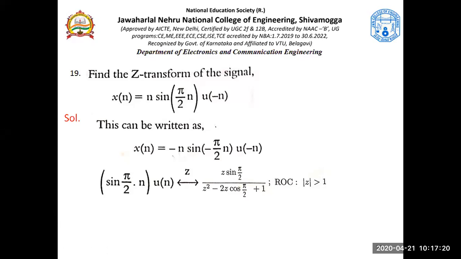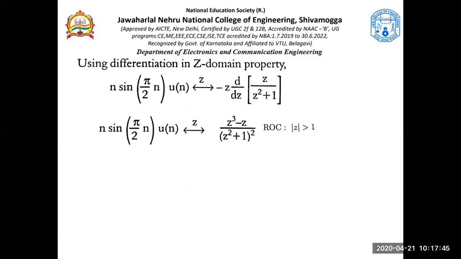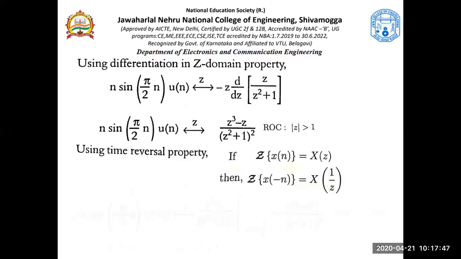And we have u of n, the unit step function. The z transform of that is z by z minus 1, and the ROC is z greater than 1, outside the circle with radius 1. Then we have positive time exponential, negative time exponential, then sinusoidals. This is what you need to remember. With that knowledge, we are able to do this.